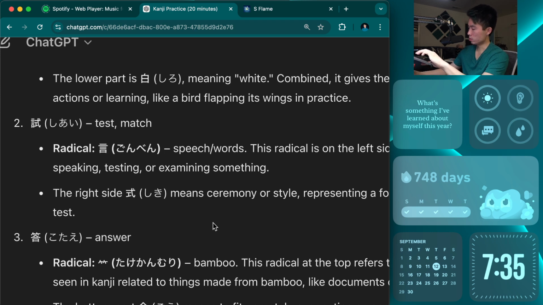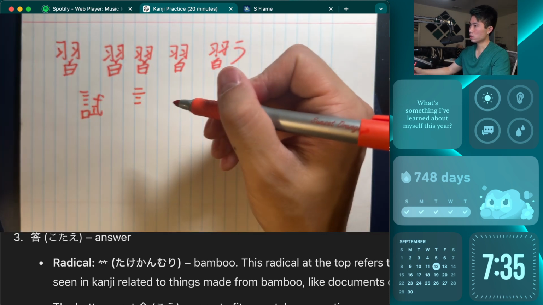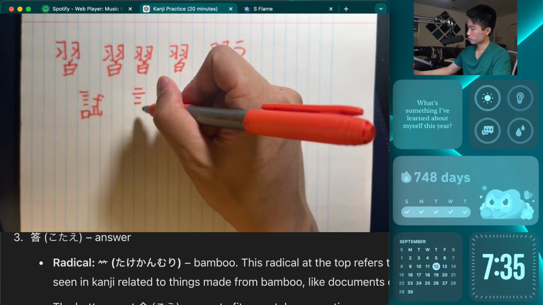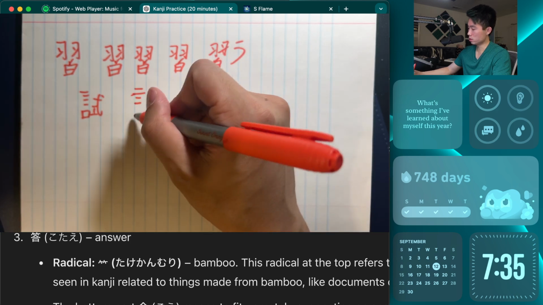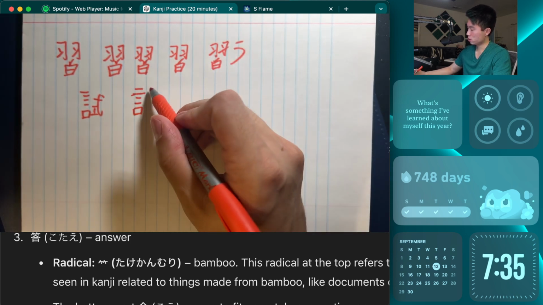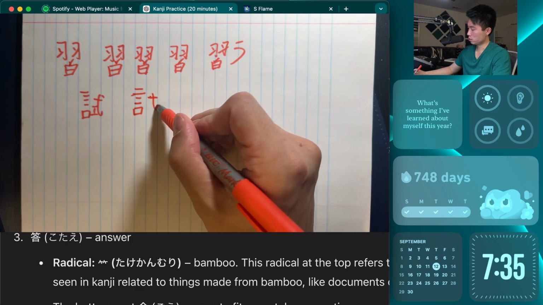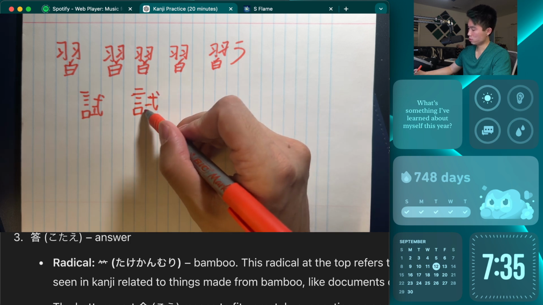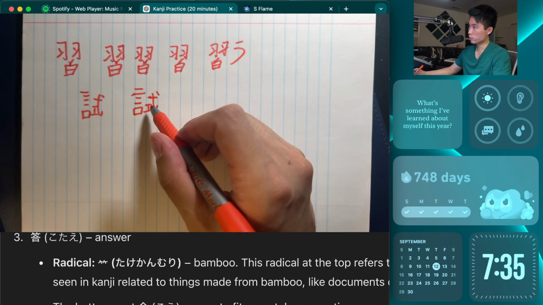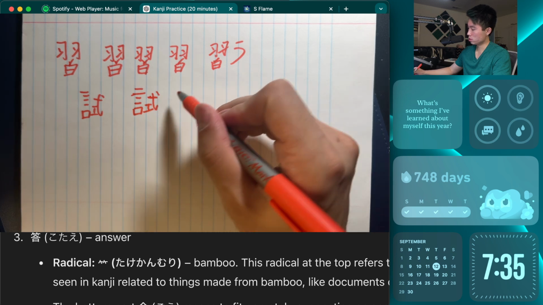So let's write them. The second line is the longest one. And then we have shiki, which means ceremony or style.